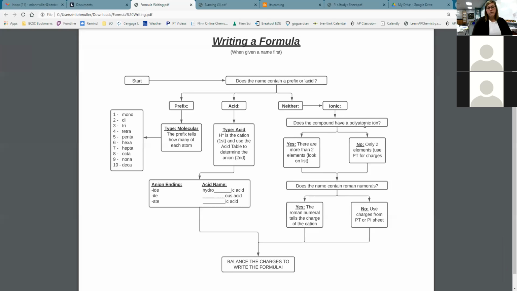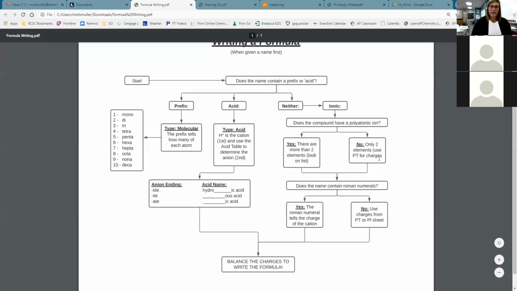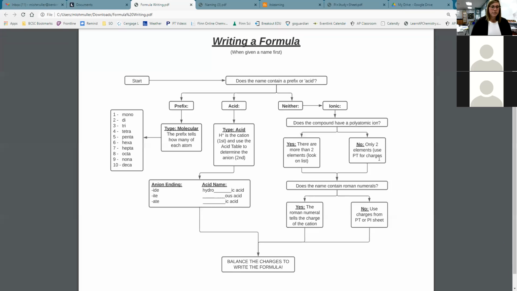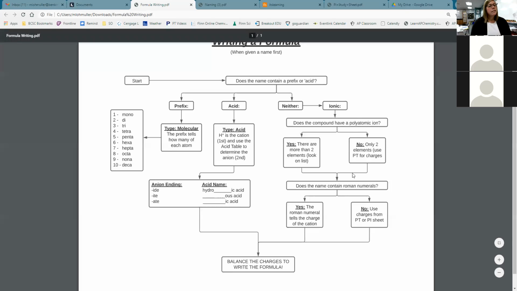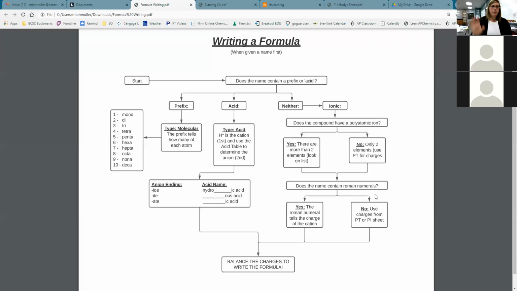If it does not have one of the names from the list, that means it probably has that IDE ending for the second element. And so the periodic table will give you the charges, usually from the column numbers. Remember, we wrote those down at the top. And then last but not least, if the name has Roman numerals, which I don't have on here, but it's on the other one, it would be like copper 2 right away. So you would see that.